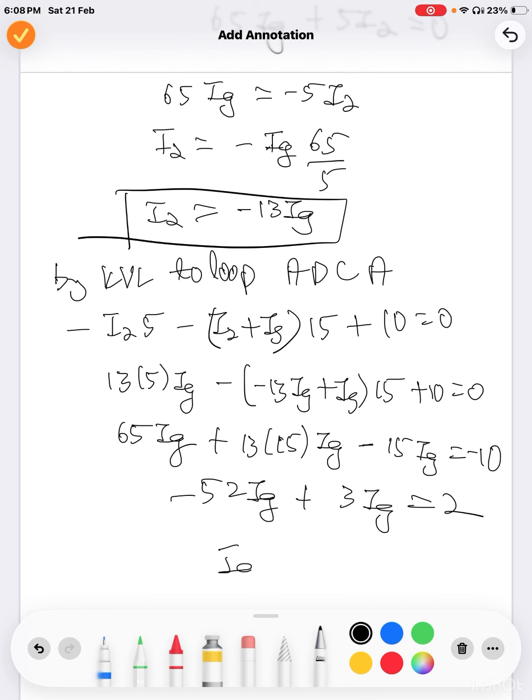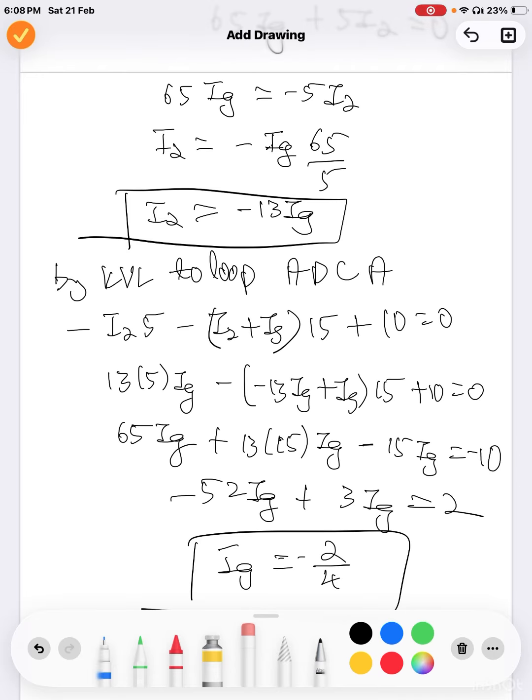So we got Ig equal to minus 2 by 49, 2 by 49 ampere. 2 by 49 ampere is the current value.